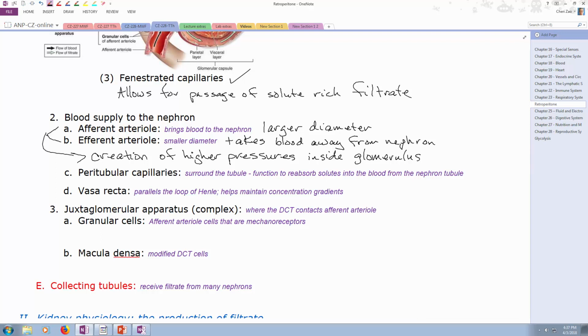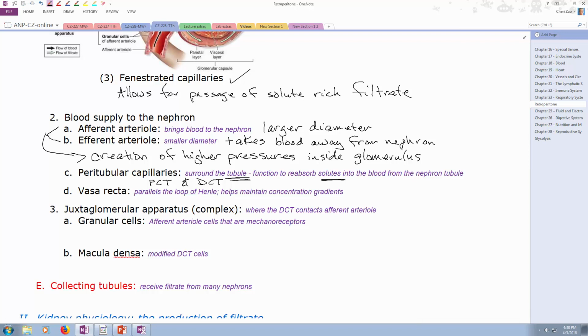And we're going to learn that we're going to put all the good stuff back into it, because it's called peritubular since it's surrounding the tubule, more specifically the PCT and the DCT, proximal convoluted tubule and distal convoluted tubule. And so it's going to reabsorb all the lovely solutes that got put into the filtrate and put them back into the bloodstream, and with that also water.